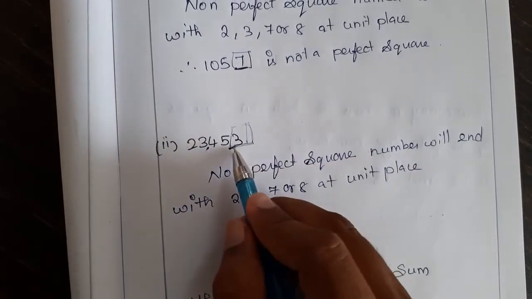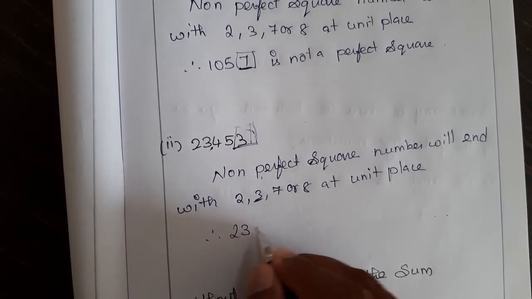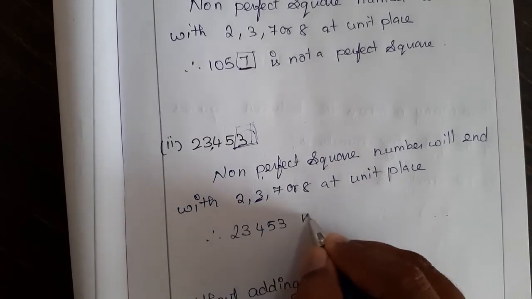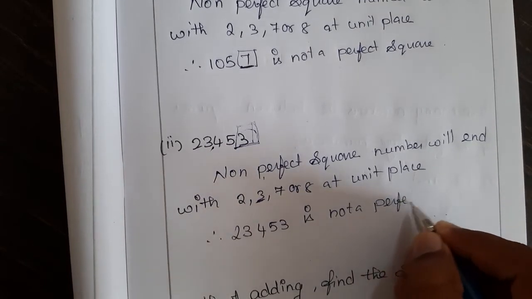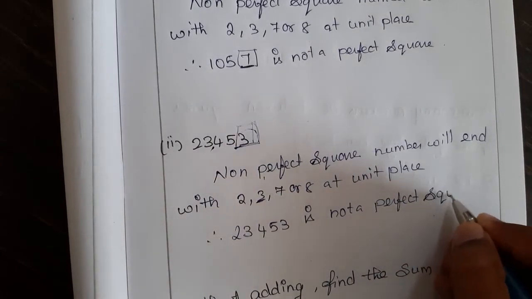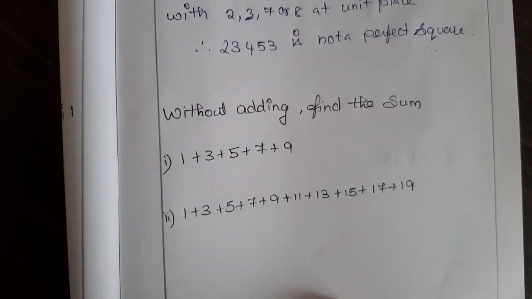So here the unit place is 3, which is a non-perfect square. Therefore, 23,453 is not a perfect square. Clear? We'll go for the next problem.